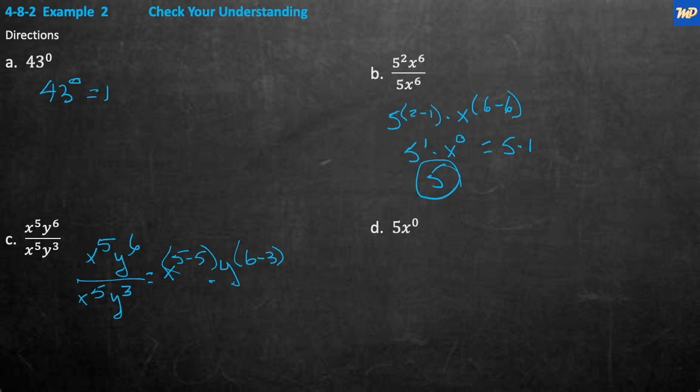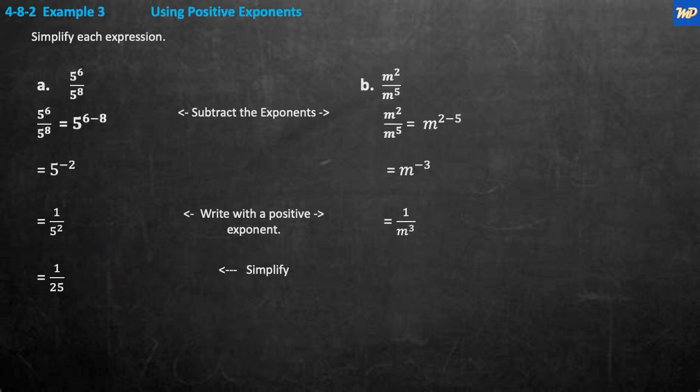And that equals x to the 0 power times y to the 3rd power, which is equal to 1 times y cubed, which is equal to y cubed. There's our answer. Right off the bat, with x to the 0 power, they're kind of doing our work for us. It's 5 times 1 is equal to 5. There's the solution to that one.